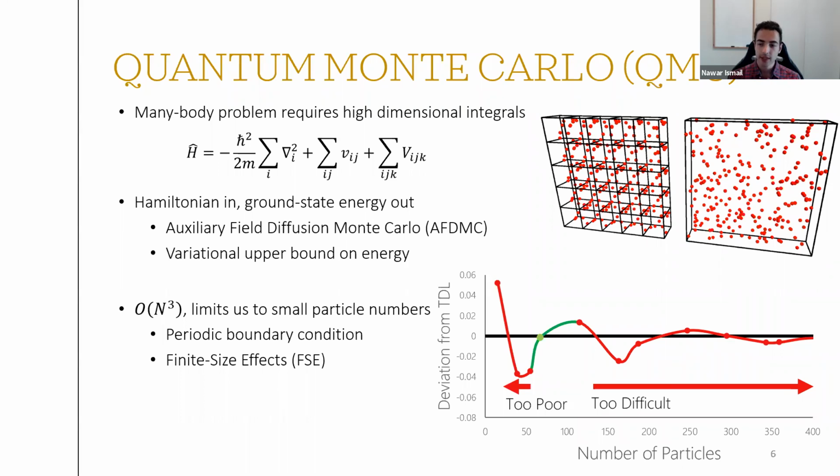But one of the downsides is that it's very expensive. There's a cubic time complexity as the number of particles increases. So very quickly, at around 100 or so particles, we run into an inability to run those simulations in a feasible time. To account for that, we make use of periodic boundary conditions.